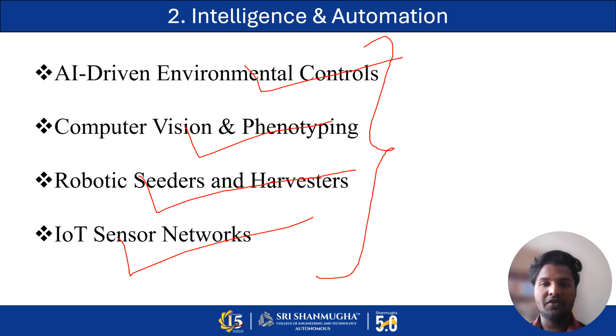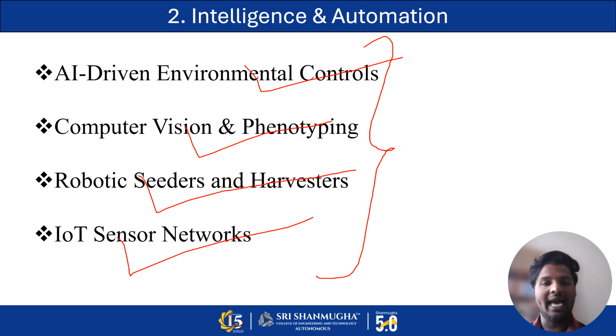Artificial intelligence and automation play a vital role in urban horticulture practices. These four technologies act as a pillar, replacing human guesswork with data-driven certainty, ensuring that plants are always in their peak performance state.